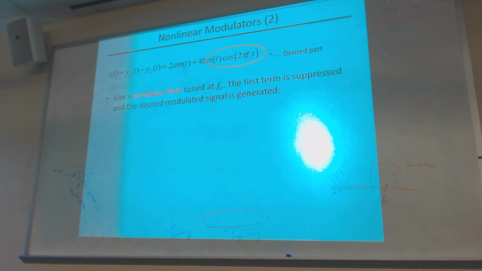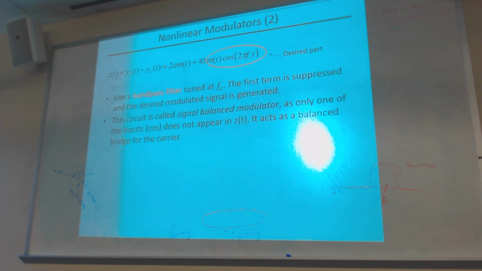Use a bandpass filter centered at Fc. The first term is suppressed and the desired modulated signal is generated. This circuit is called a single balanced modulator, and only one of the inputs does not appear. It acts as a balance bridge.